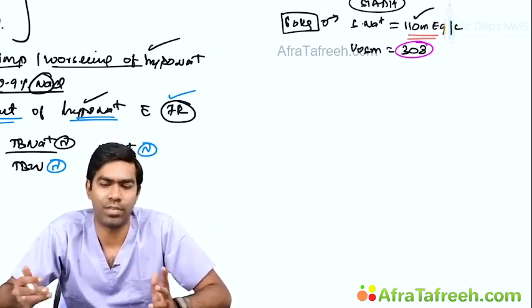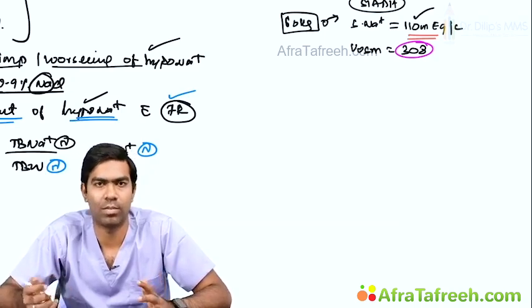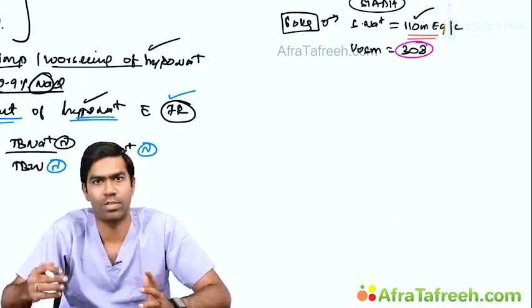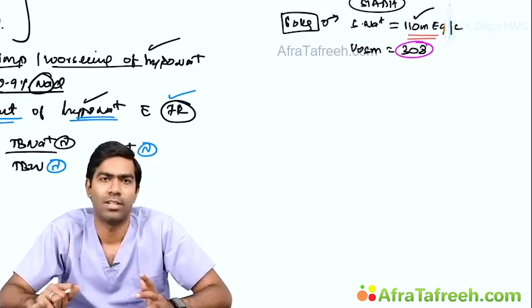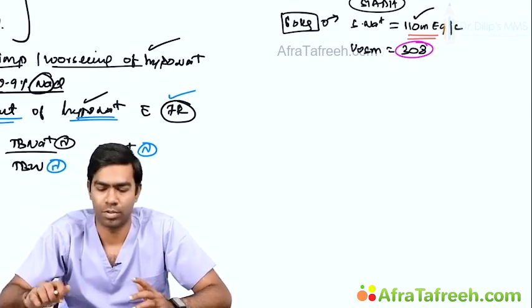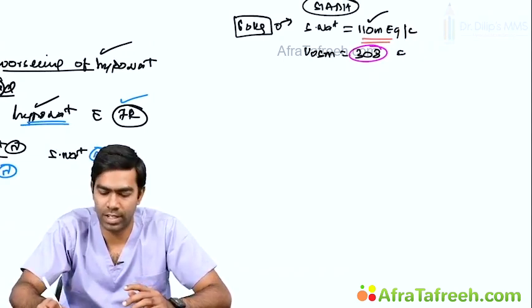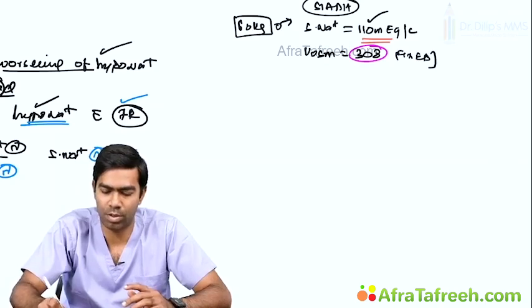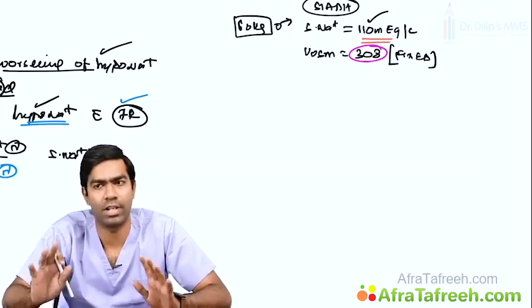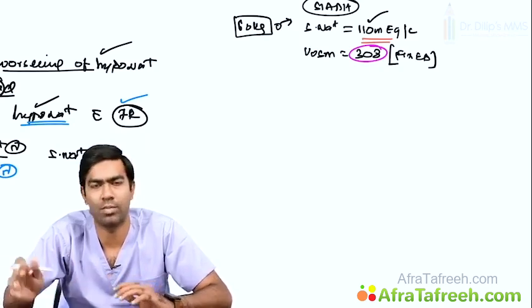So 225 to 230 is the patient's serum osmolality and 308 is the urine osmolality, which means it's definitely higher than the serum osmolality. The urine osmolality is fixed as well. That's again a very important point. I told you already in SIADH it will be fixed and maintained at this level and the serum osmolality will be lower.